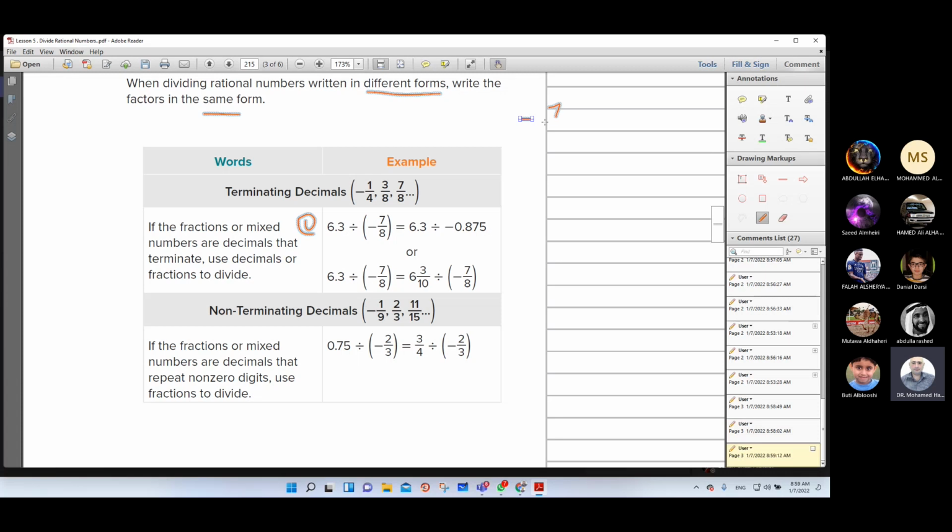How to change this fraction to the decimal? You can do long division of 7 over 8, or you can look for a number multiplied by 8 equal to a power of ten. And we know this number, 125. When you multiply 8 by 125, you will get 1000.